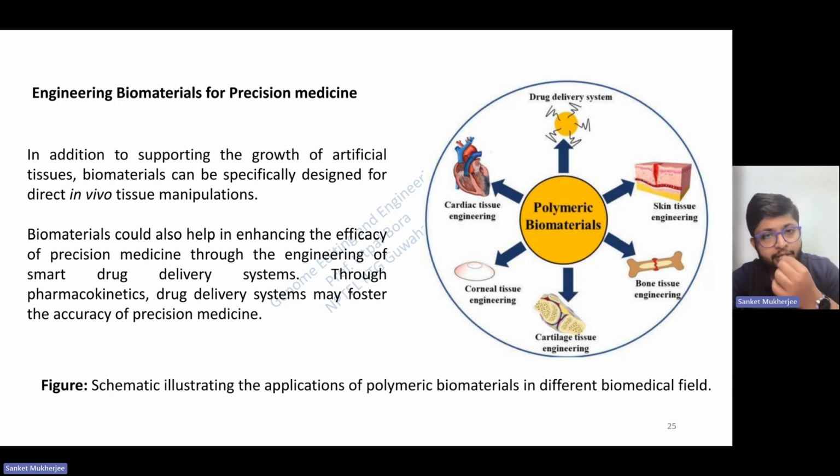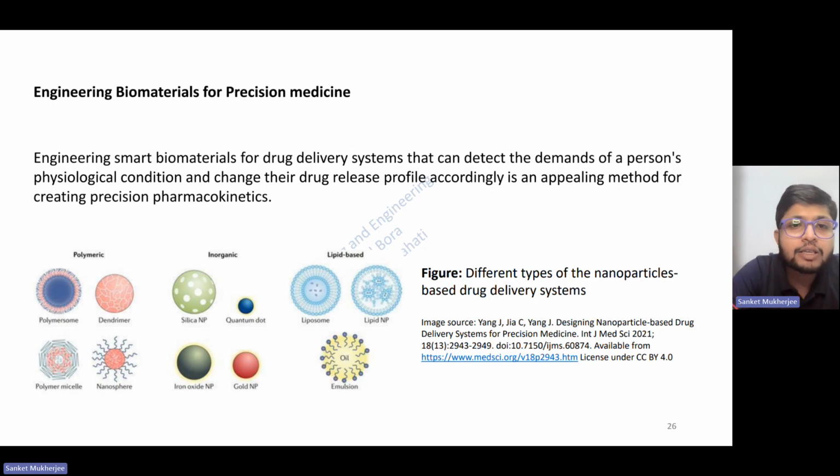So there are certain polymeric biomaterials, also nanomaterials, as a matter of fact, which are used for drug delivery, skin tissue engineering, bone tissue engineering, cartilage tissue engineering, corneal tissue engineering, and cardiac tissue engineering, some of the very basic things. So engineering smart biomaterials for drug delivery systems that can detect the demand of a person's physiological condition and change their drug release profile accordingly is an appealing method for creating precision pharmacokinetics. That answers the question.